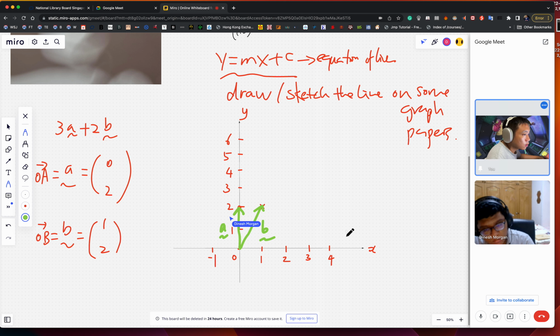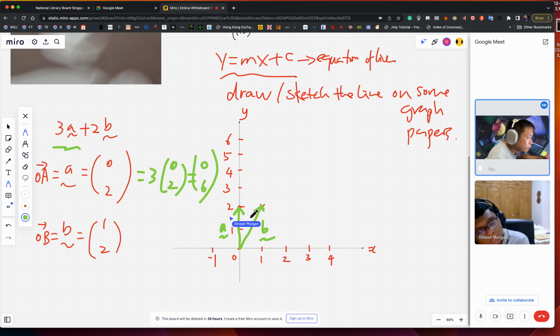With 3A over here, if you do it mathematically, the 3 will multiply into it, so 3 times 0 is 0, and 3 times 2 is 6. So you end up with 0, 6. If you look at it from this, does it make sense to you?